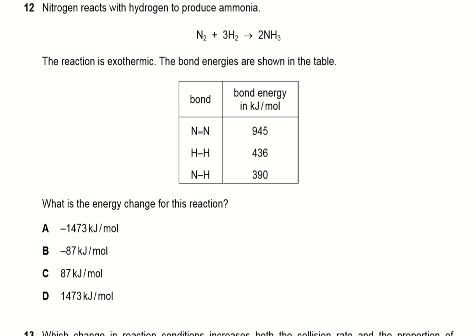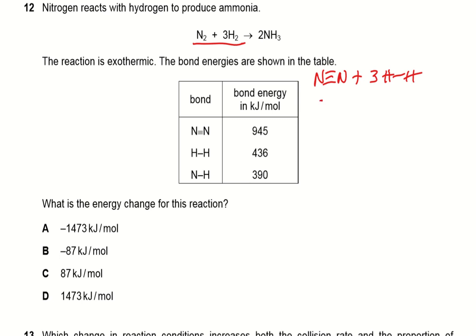So we need to look at bond broken versus bond formed. Here these bonds will be broken: the bonds in nitrogen, plus 3 of H to H. You can see that's on the reactant side.